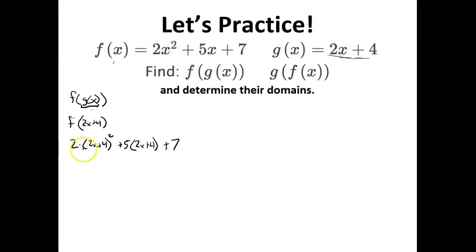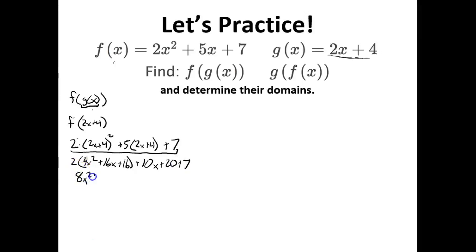So then when I do this, I would want to try to simplify this sum. I have 2 times, when I square this, I'd have 4x squared plus 16x plus 16. If you have to do some more work off to the side, you always can. 10x plus 20 plus 7. Do a little more simplification.